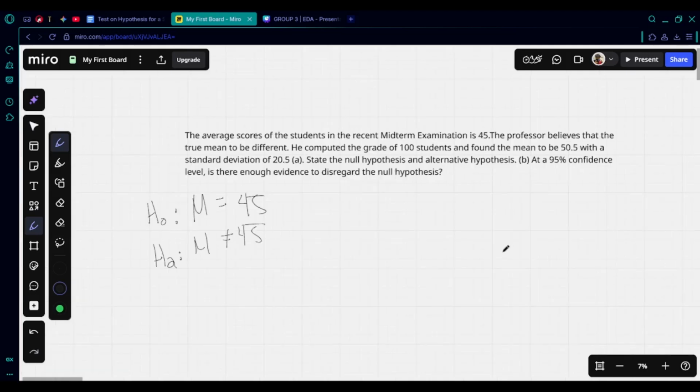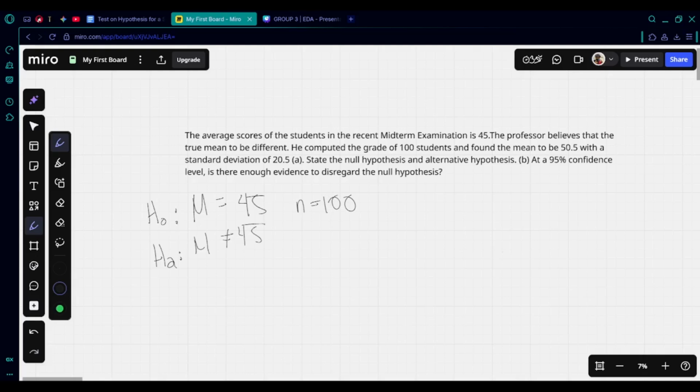Next, the professor computed the grade of 100 students, so we have our n, 100, and found the mean to be 50.5.